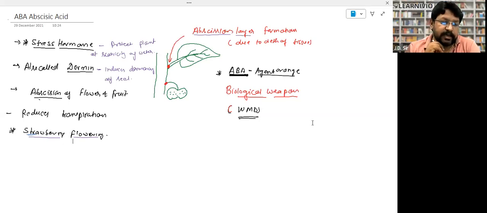Next, it is responsible for abscission of flowers and leaves. What is abscission?